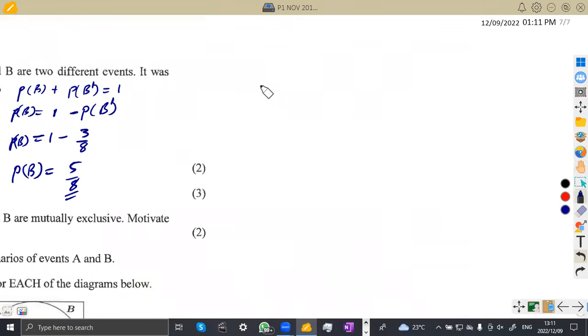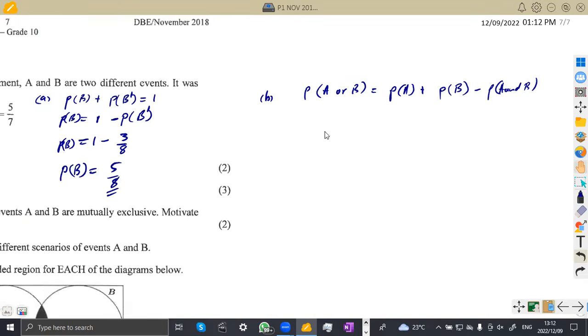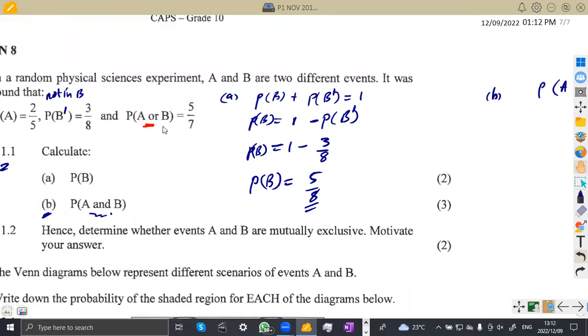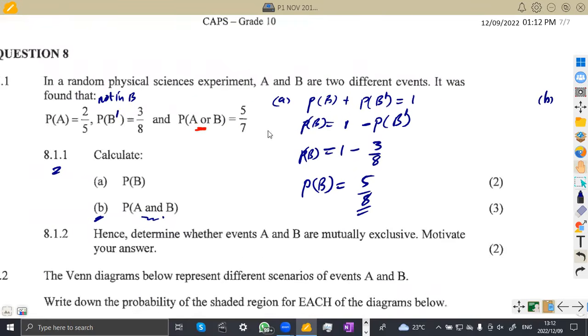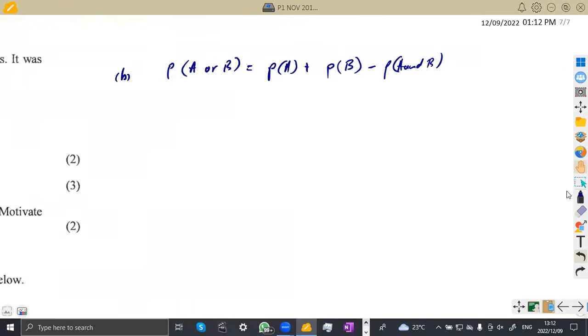This is the B part, where we know that the probability of A or B is equivalent to the probability of A plus the probability of B minus the probability of A and B. We can take advantage of this formula because we are given all the other values, the probability of A or B, which is 5 over 7. So we're going to substitute 5 over 7.